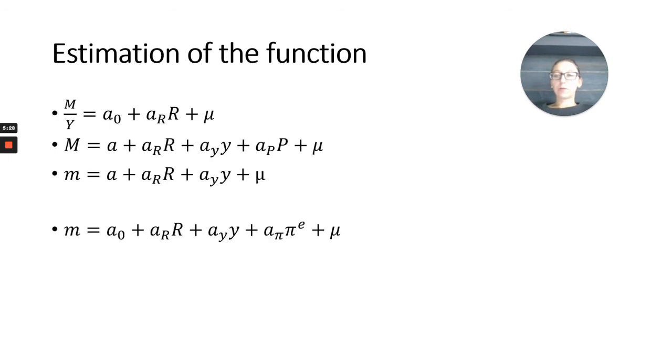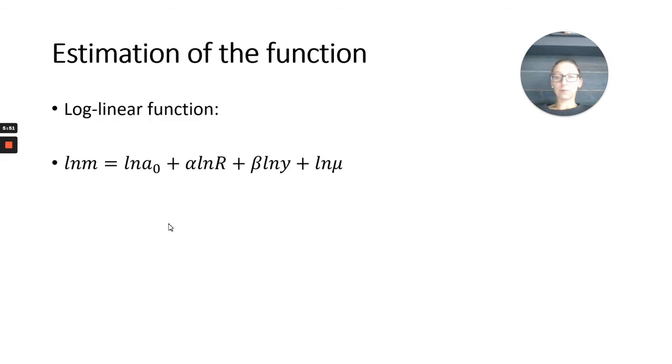So this would be a linear form of the function when we interlink all the factors with the demand for money in a linear form, aiming to find out the coefficients which would indicate the elasticities and the effects of the factors.